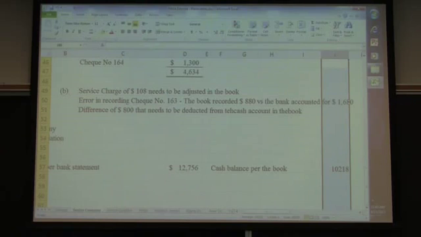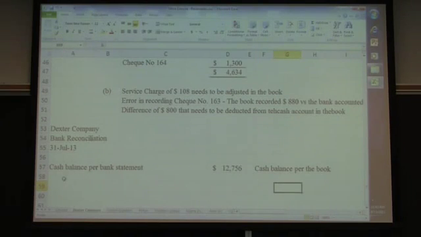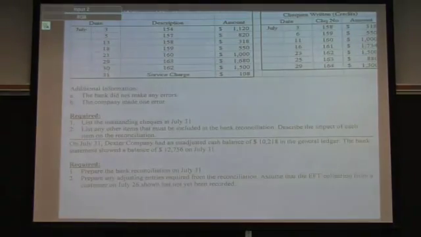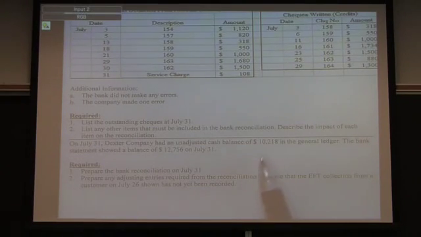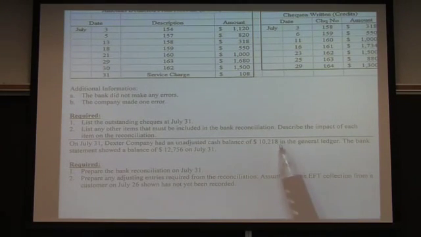Those are the numbers given in the question. If you go back to the question, you will see that this information is provided as the balance before any kind of reconciliation. So 10,218 and 12,756.